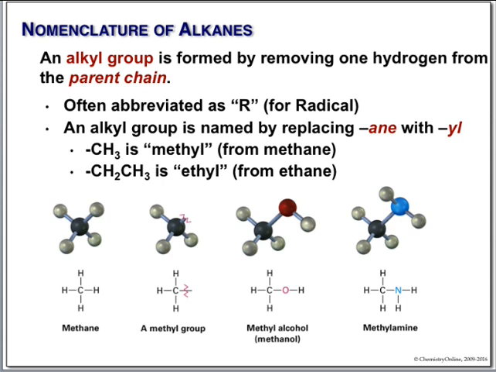Here we have an amino group, a nitrogen. Once again, meth, methyl, amine. Nomenclature for more advanced functional groups is all based on the main chain, which is meth, eth, prop, and then side chains, methyl, ethyl, propyl, whatever. It's actually a very simple, systematic way of doing nomenclature.